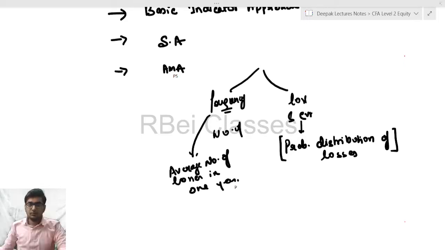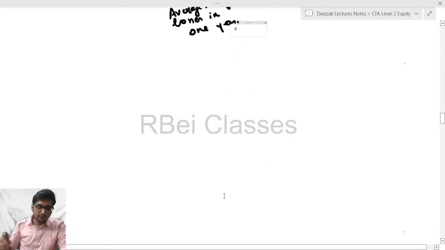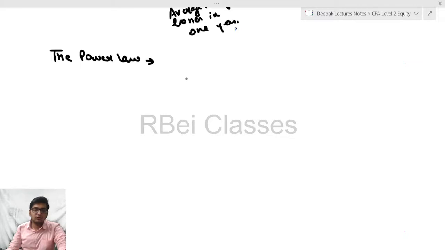Clear. Now write down the next important point from the same chapter: the power law. Give the heading the power law. It is useful when evaluating the nature of the tail, when you are going deep inside the tail of a given distribution.